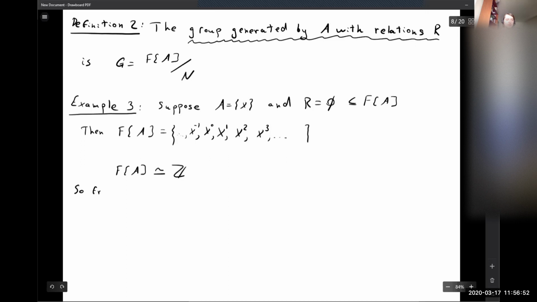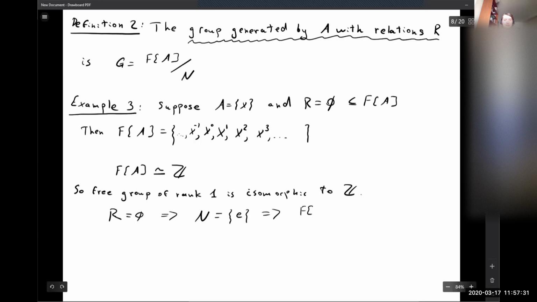So that's the familiar group. The free group of rank 1 is isomorphic to Z. And because R is empty, the smallest normal subgroup containing R is the trivial group.